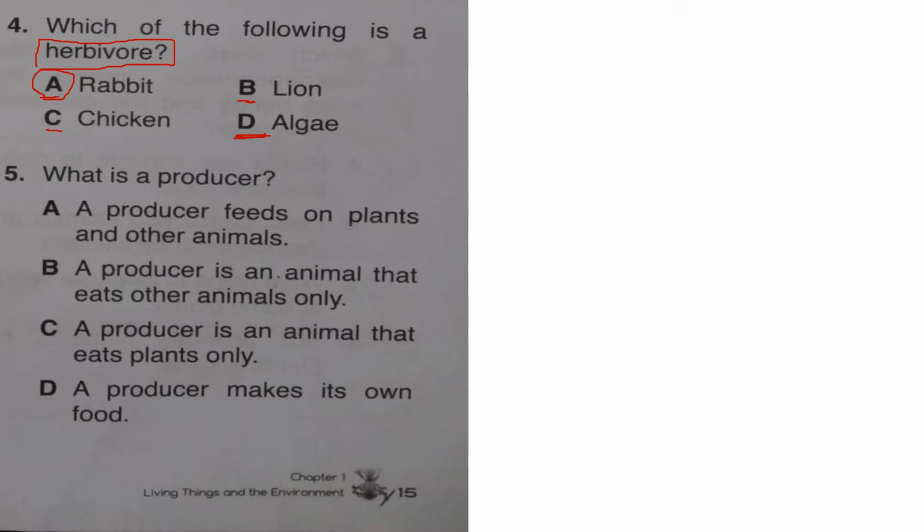They are not animals. Producers are plants, consumers are animals. A producer makes its own food because plants make their own food. So the answer here is letter D. This is the correct statement about producer. Producer makes its own food, because plants make their own food by the process of photosynthesis.